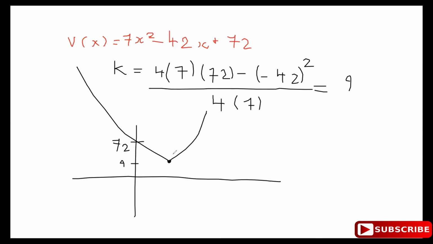This is the least number of visas, and it occurs in this particular year. To find that year, this is just the x value at the turning point. So the least number of visas is 9. This is the answer, 9.